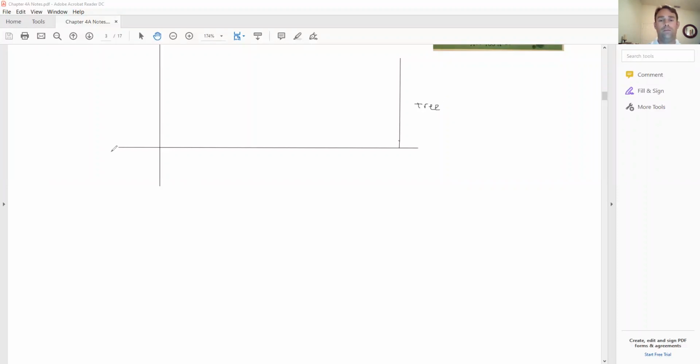Now, a person is standing over here and they're looking at the tree. Oh, hello there. And they look at the tree and they notice the angle of elevation, so say like they're using a clinometer or something like that to measure that angle of elevation.